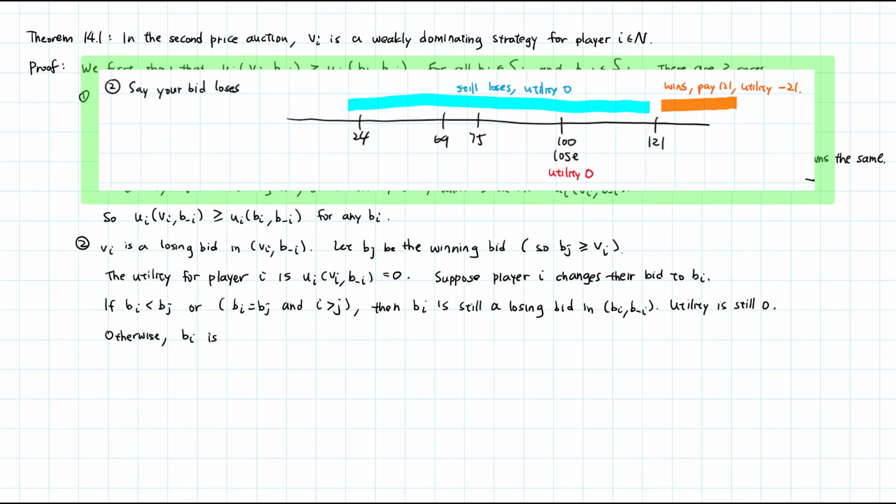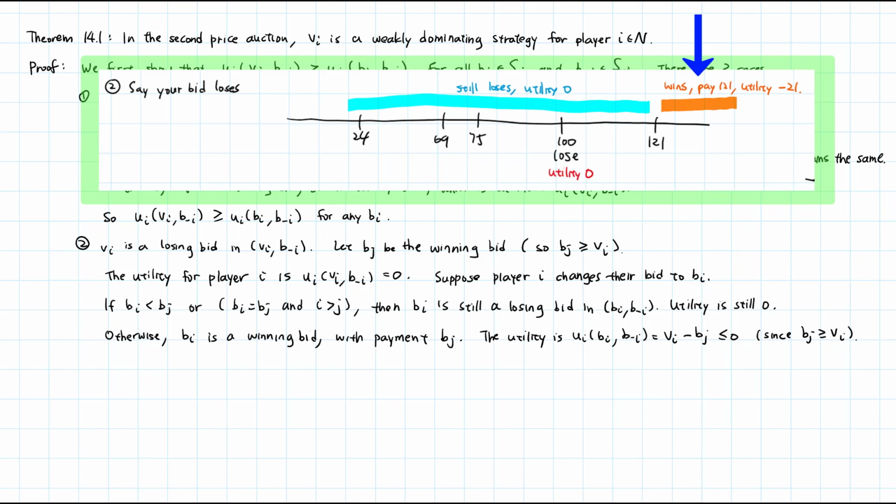Otherwise, BI is a winning bid, and the second highest bid becomes BJ. So the payment is BJ, and the utility is VI minus BJ. And this is at most 0 because we have the assumption that BJ is at least VI.